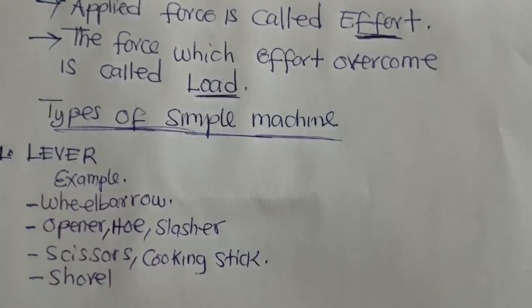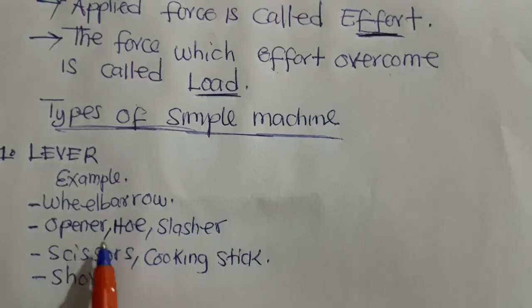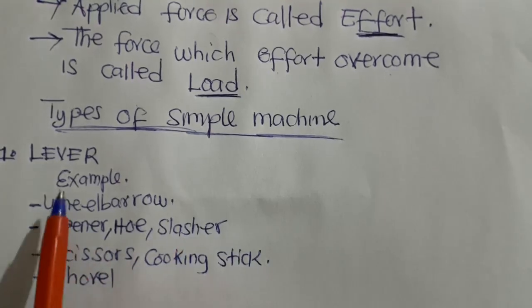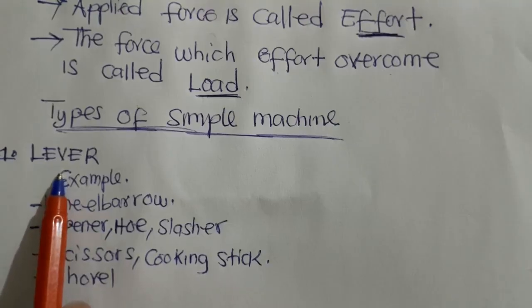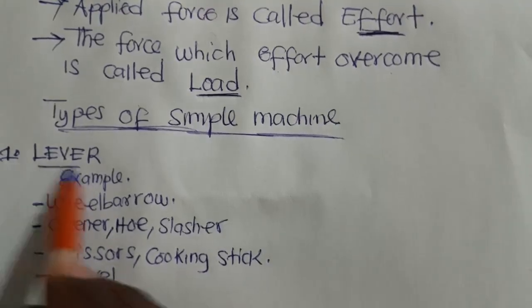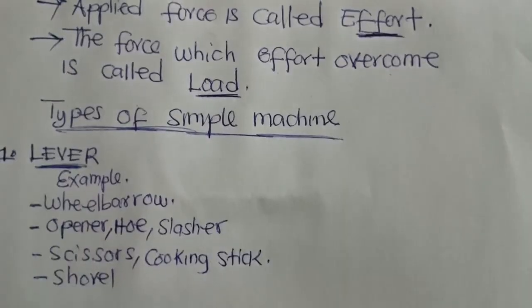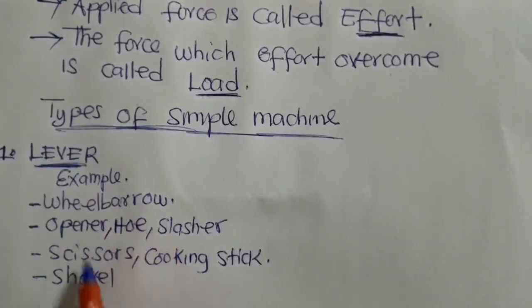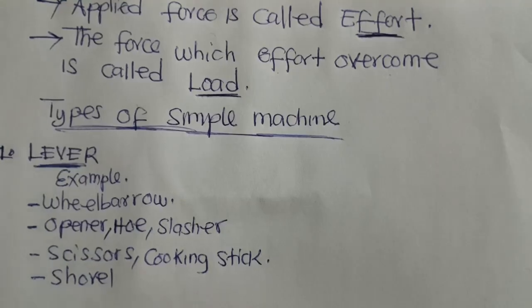It's more like I tell you that this is a car, and whenever we talk about things that are found in a car, they fall under a car. Even these, wheelbarrow and the others, fall under this type of machine called lever. I believe these are familiar to you. You know all these things.